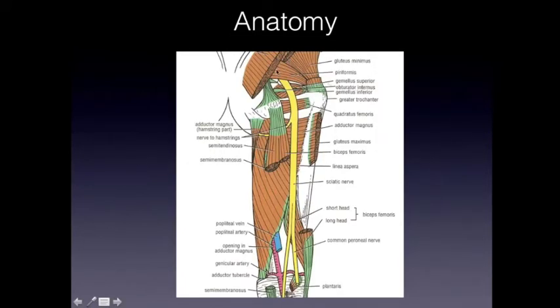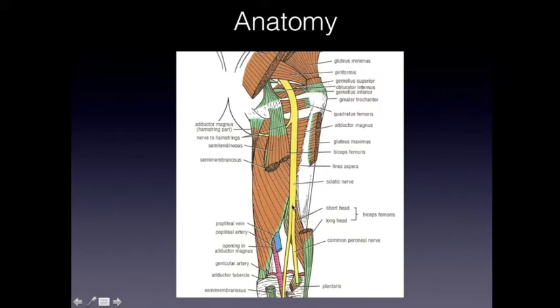Here we can see the path of the sciatic nerve, the gluteal region. Sorry, aspect of the thigh. The sciatic nerve emerges from the pelvic cavity beneath the piriformis muscle, and then goes posteriorly in the posterior aspect of the thigh until it branches in two terminal branches, the tibial nerve and common peroneal nerve.